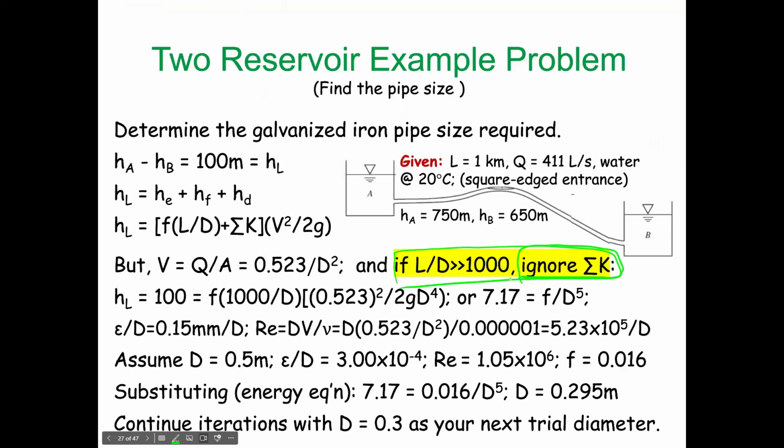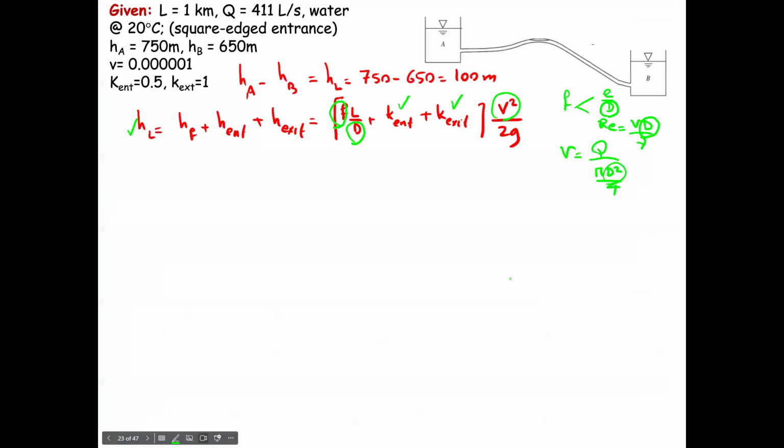That's the assumption that you need to make. So the assumption here for me is L over D is pretty large, so I will neglect all the minor losses.